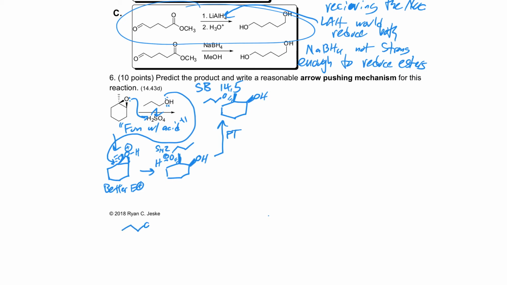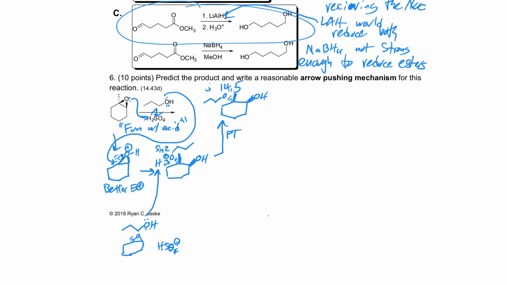We could use propanol. We could use the starting material. We could use HSO4 if we wanted to. I would prefer either the starting material or the alcohol. Most likely one of those is the culprit here. So let's use the alcohol as our base. That's going to do our final proton transfer step, giving us a neutral molecule.